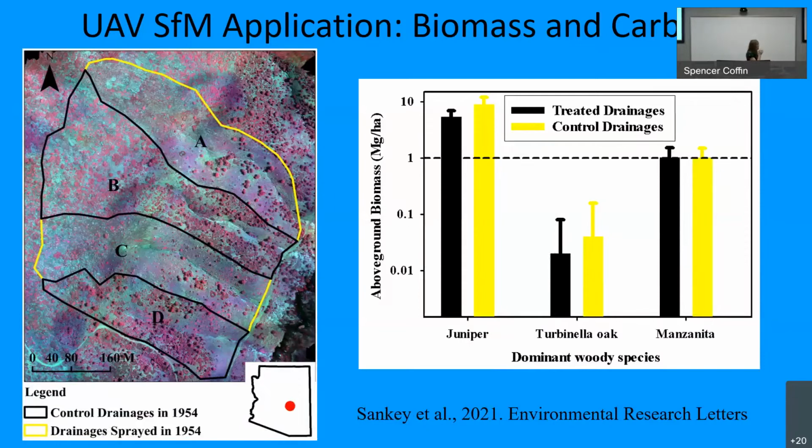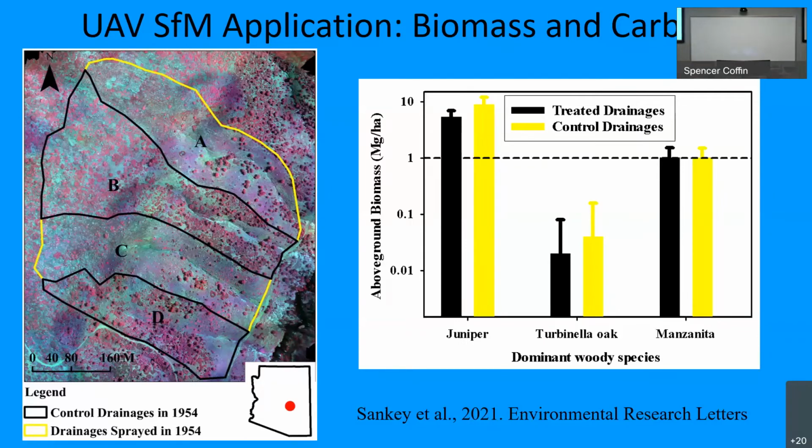In particular, I am imaging 4 adjacent watersheds that the U.S. Forest Service chemically treated in 1954 to control woody vegetation expansion, or woody encroachment. This is a chaparral vegetation type in central Arizona with pinions, junipers, vanilla oak, manzanita, things like that. They were chemically treating 2 of the watersheds.